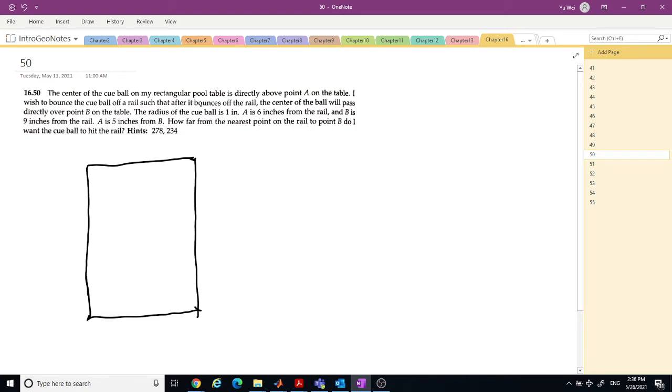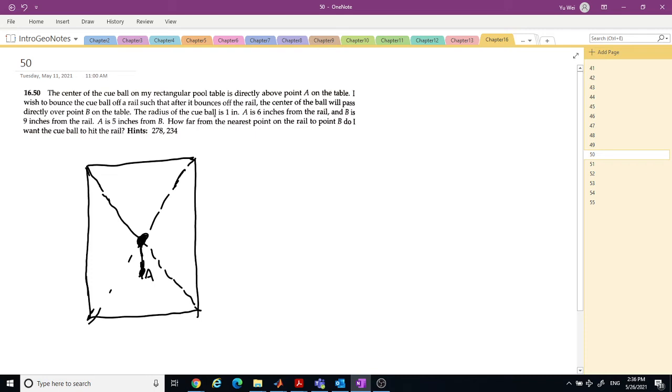I wish to bounce the ball off the rail, so the center of the ball will pass directly over the point B on the table.